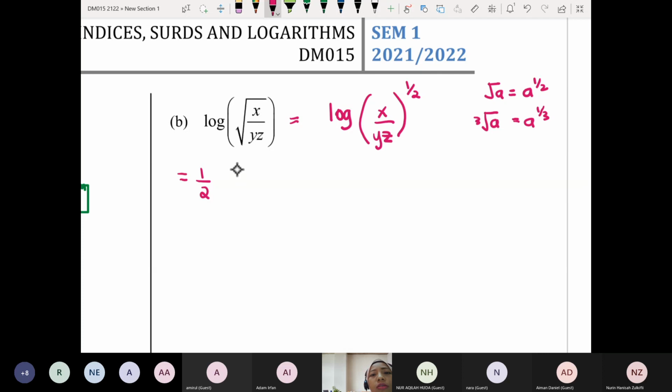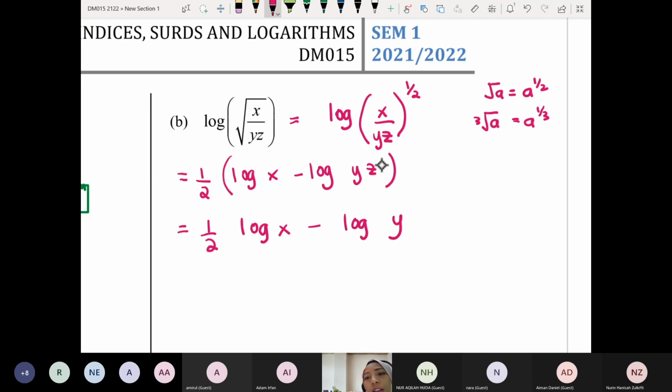So 1 over 2 log x, plus or minus? Since it is divide, it is also minus. Minus log yz. Can we break it up further? Log x minus log y.